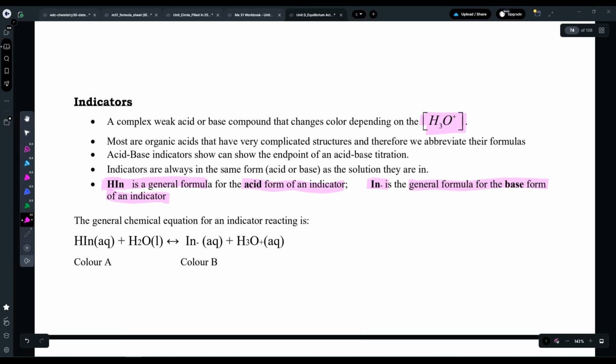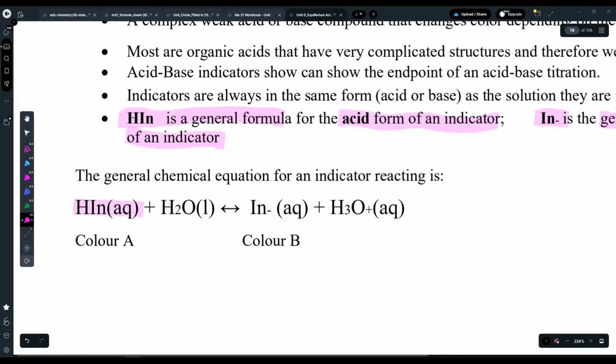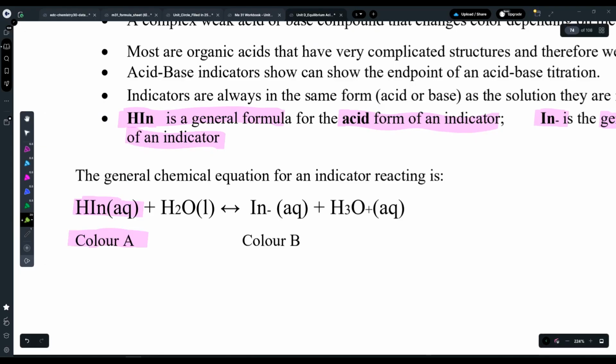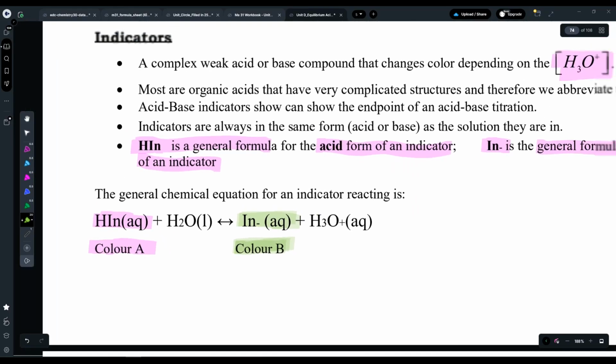So like I said, the acidic form of your indicator is going to have one color, whereas the basic form of your indicator is going to have a different color.